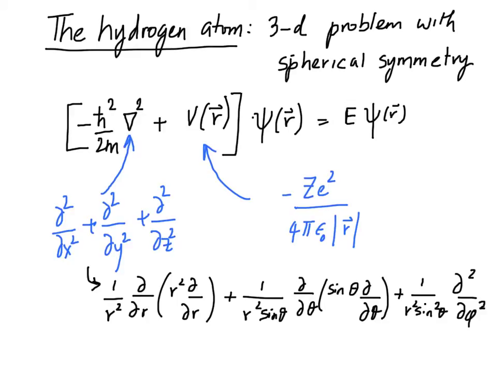So anyway, when you write your del squared operator in this manner, using spherical polar coordinates, it also turns out that you can factor out your wave function psi. Remember, psi is a function of r vector, which means psi is a function of x, y, and z, or psi is a function of r, theta, and phi.